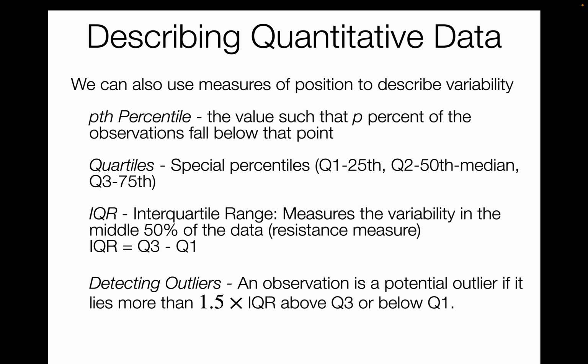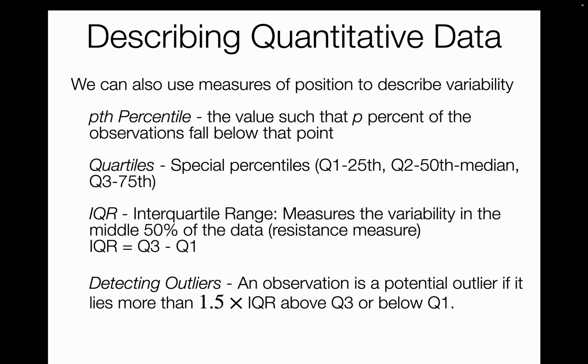We defined an outlier as a point that falls away from the rest of the data. It doesn't look like the rest of the data in some way. Some outliers are obvious, and we could all see them just by looking at the data right away.